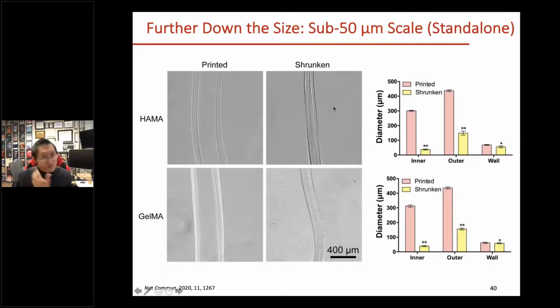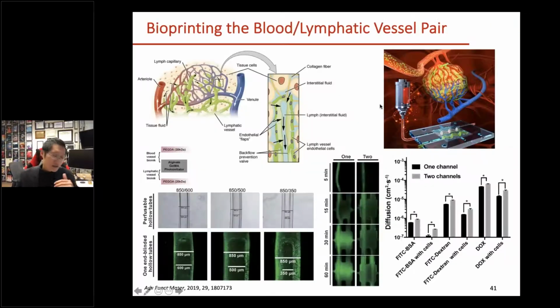Another variation is that you can start to model not only perfusible blood vessels, but also single-end blinded lymphatic vessels that allow draining of liquid, right? Again, this is a very simple modification of the coaxial printing method.